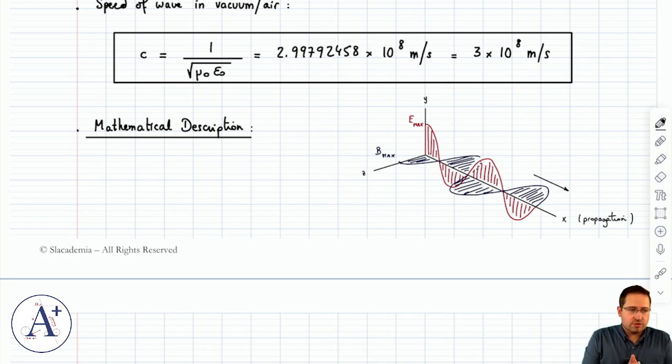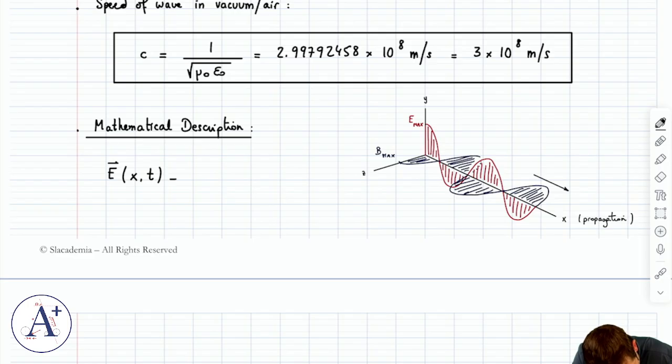Now we're going to have to describe the fact that the electric field and the magnetic field are waves. And so, yes, the electric field oscillates along y, but the whole wave itself propagates down x, so we have to capture that. Now, we are going to write E as a function of two variables. The first variable is going to be the direction of propagation, which is x.